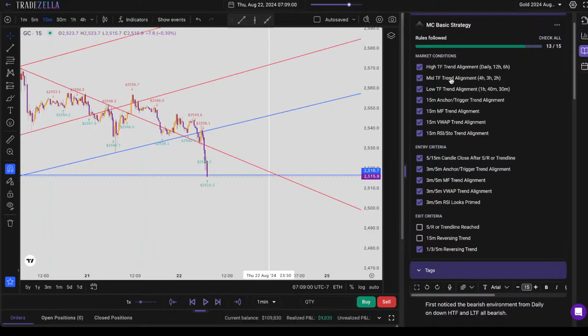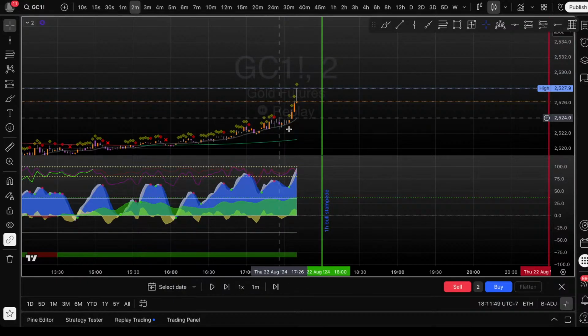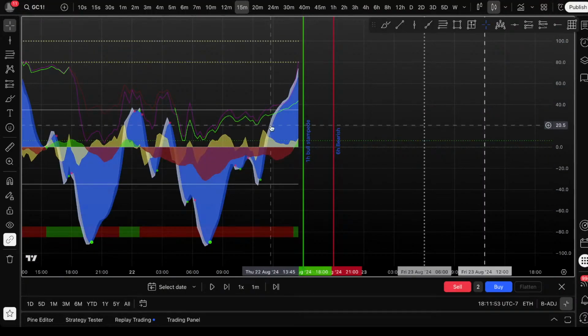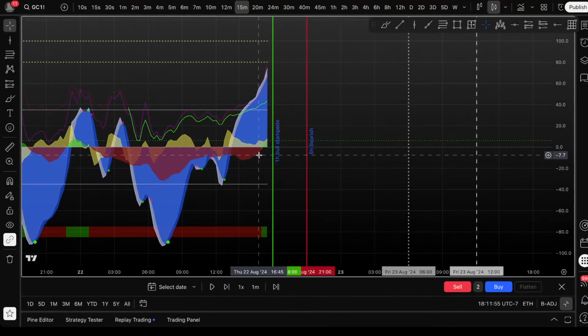No. Mid time frame, the 2 to 3, and then that 4 hour clipping, yes. Low time frame, the 30 to 15, yes. Do we have 15 anchor trigger money flow VWAP RSI action? Yeah. Yes, we do. And I should have got it.